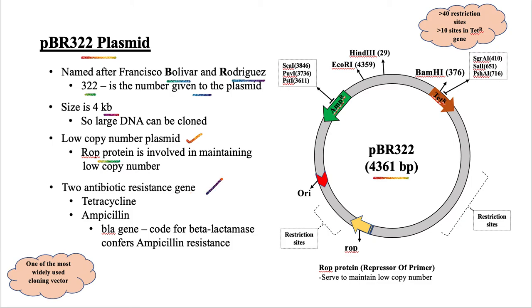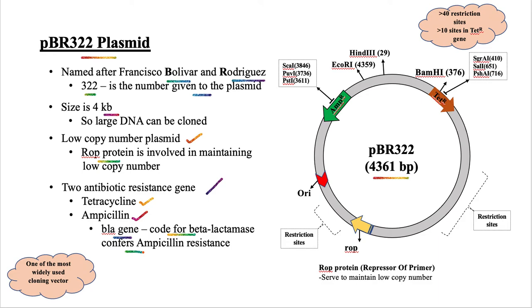It has two antibiotic resistance genes. One is the tetracycline resistance gene, and another one is the ampicillin resistance gene. The gene that gives the ability to resist ampicillin antibiotic is known as the bla gene, which codes for beta-lactamase, and that basically confers ampicillin resistance, because ampicillin has a beta-lactam ring.